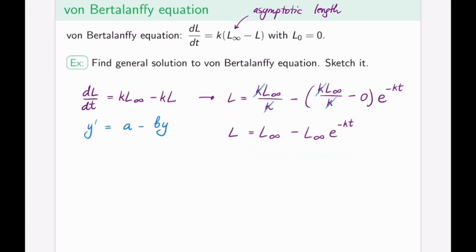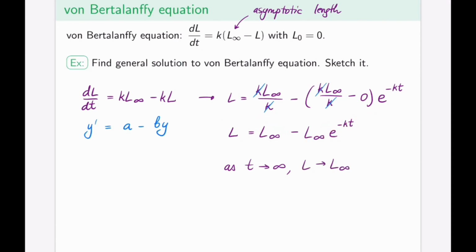There's another way to derive it simply from the equation itself, and that is to look at this equation and think of what happens as time goes off to infinity. So as t goes to infinity, this power becomes a very large negative number, minus infinity. e to the negative infinity tends towards 0, which means that this entire term tends towards 0, and all I have left is that L tends to L infinity.